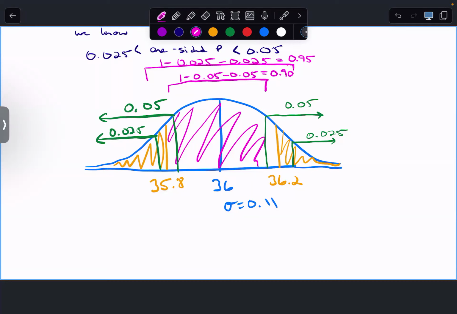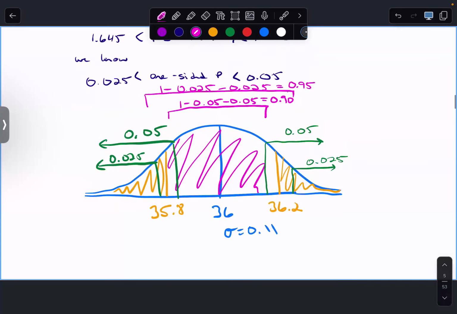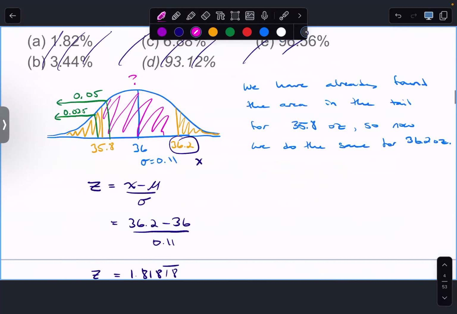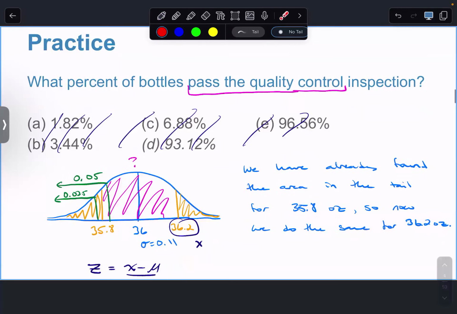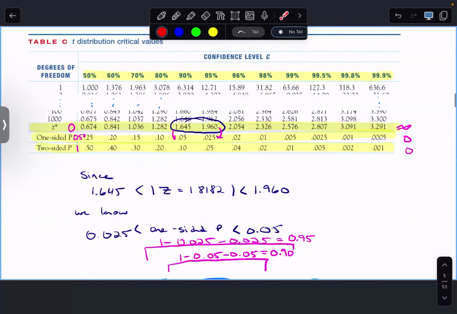Which means that, did it want the percentage or the probability? Let's see here. Percentage. What percent of bottles pass quality control? Well, I know which one I can pick because only one of these is between the ranges, but I don't expect you to have that exact value unless you use Excel.